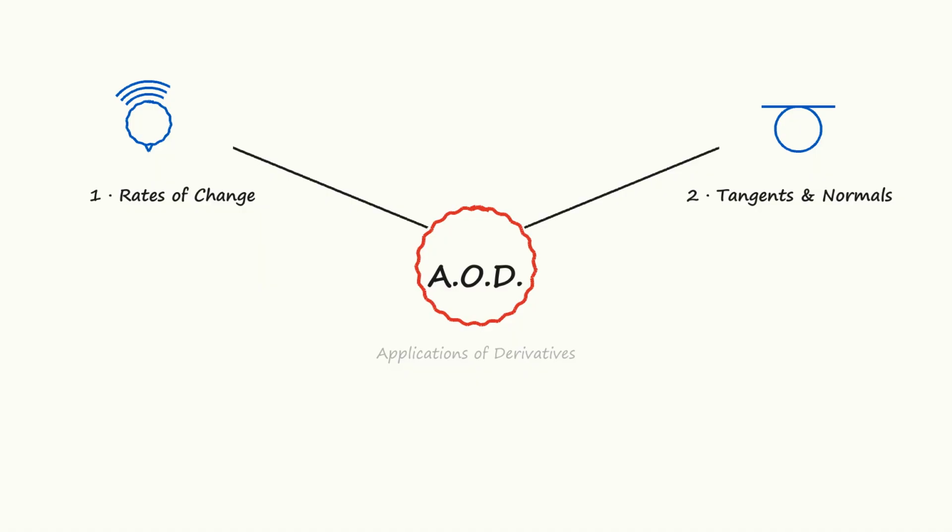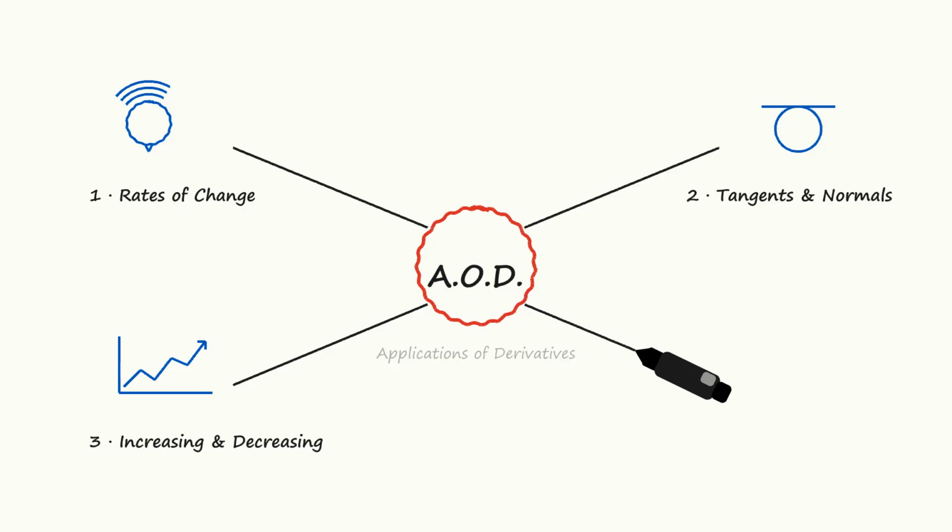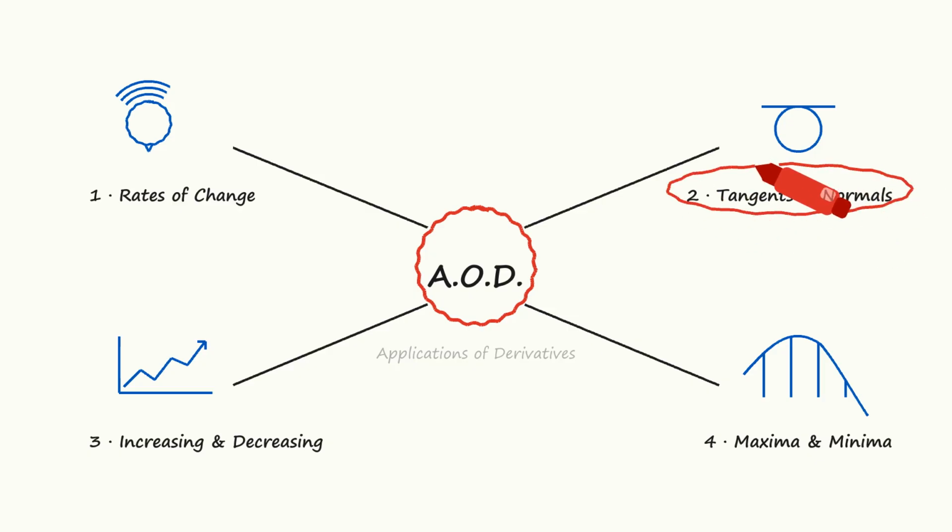The geometry of touch. 3. Monotonicity. Proving, with certainty, that a function is strictly increasing, or strictly decreasing, on an interval. 4. Maxima and minima. The peaks and the valleys. Today we drill families 2 and 4. The two that appear almost every single year.